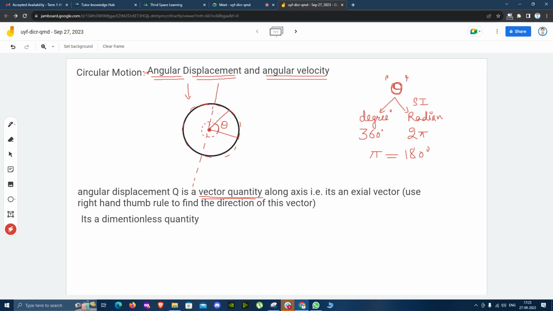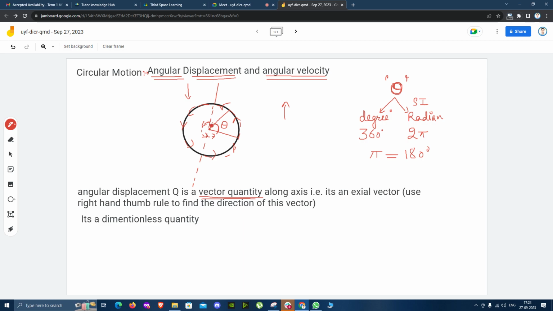So what is the right hand thumb rule? Let's say you move your right hand thumb, let's say it's in the upward direction. If your right hand thumb is up, then the direction in which your fingers are closing will be the direction of that vector.